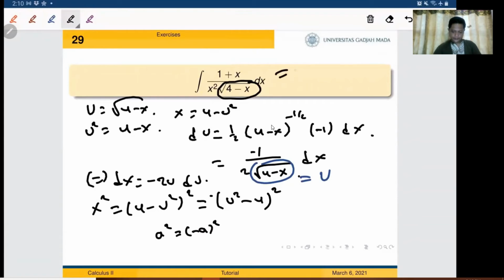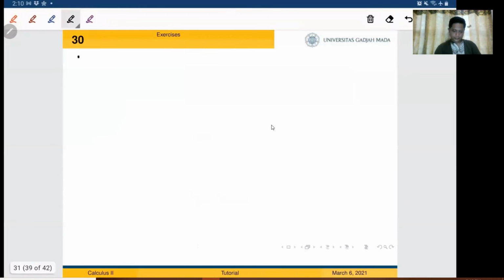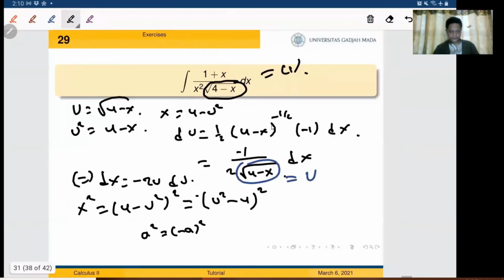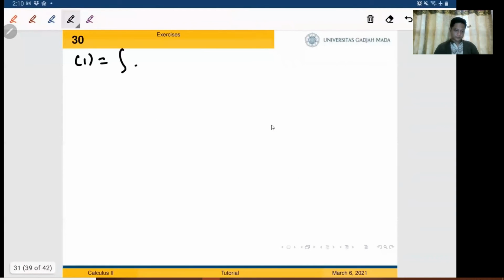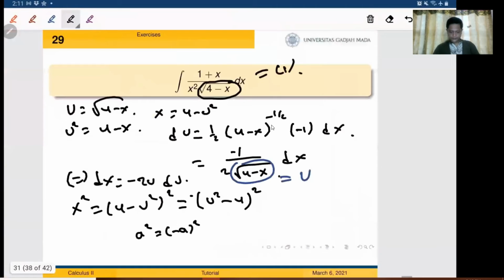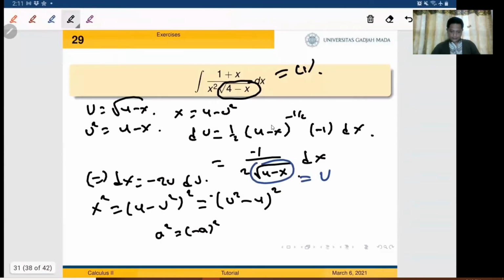If this one is maybe equation 1, so I have my 1 is integral of, I change what? 1 plus x, my x is 4 minus u square.